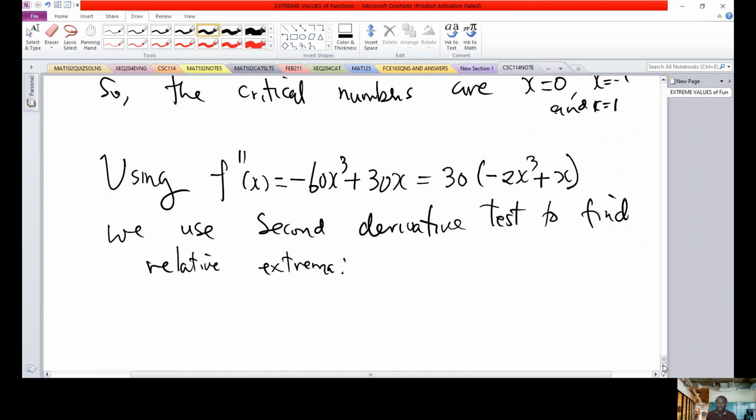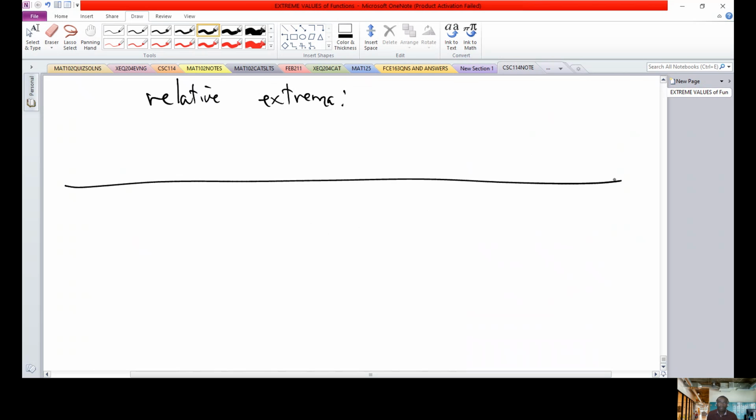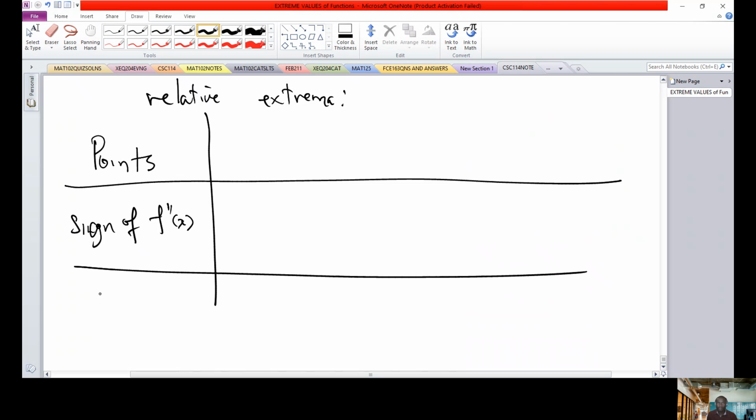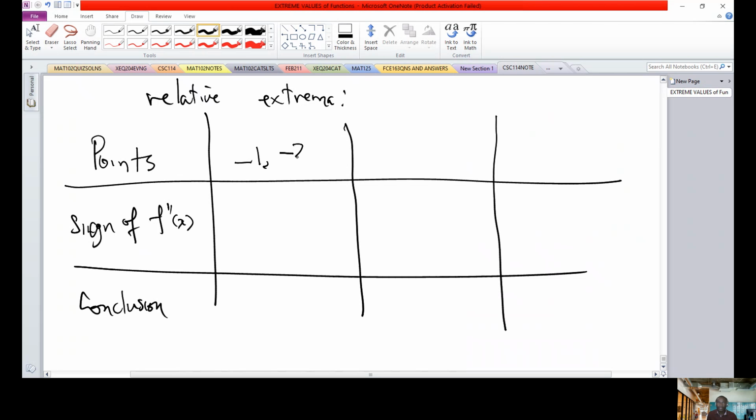So we can write it in the form of a table: points, sign of the second derivative, and then conclusion. So we have when x is negative 1, y will be negative 2. And then when x is 1, and then when x is 0, y is also 0.